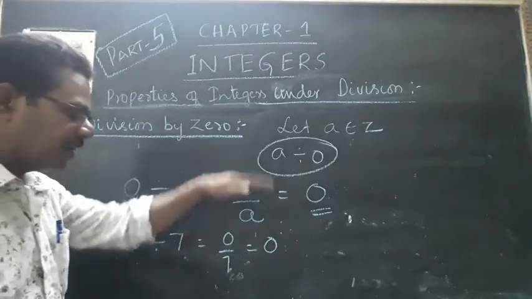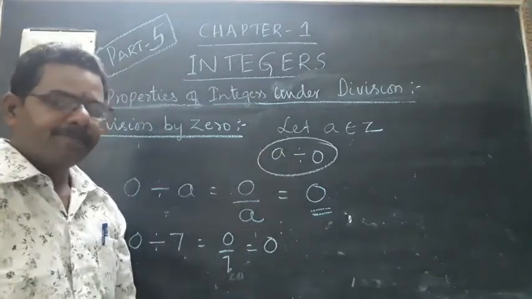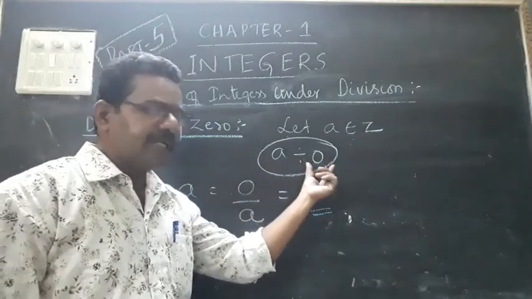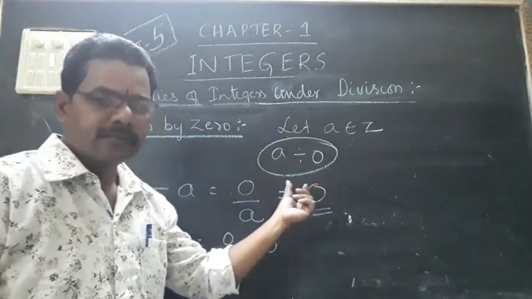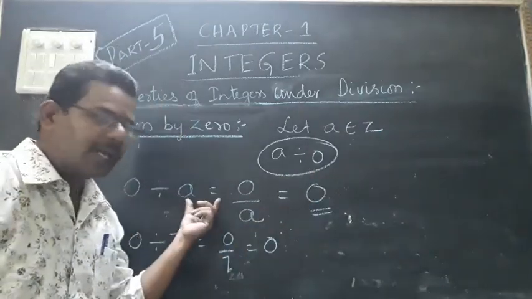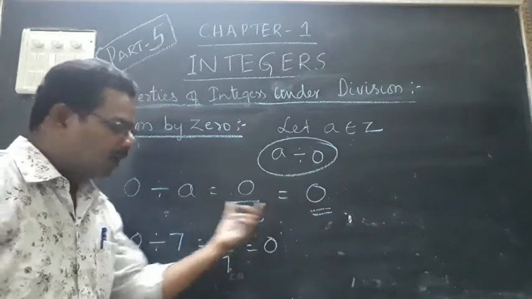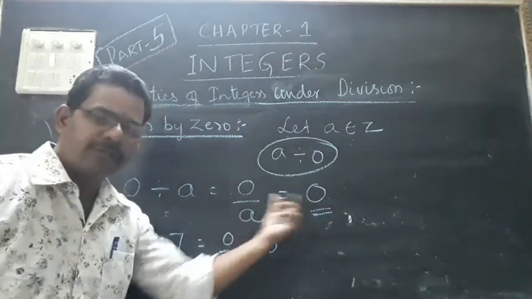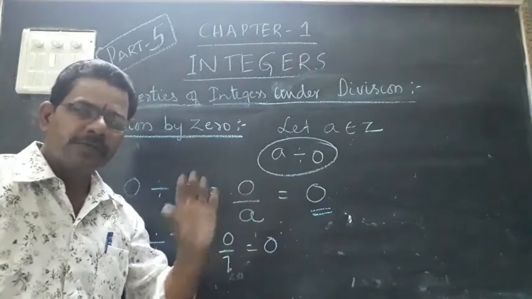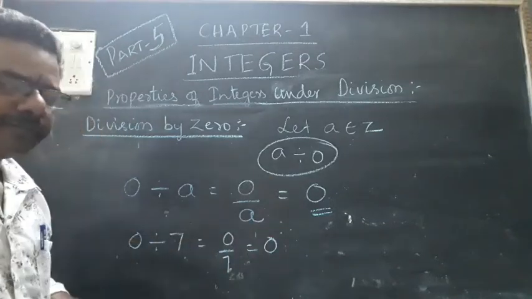So from this we can understand 2 points. Any number divided by 0 is meaningless and undefined. And 0 divided by any number is equal to 0. That means 0 by anything is equal to 0.